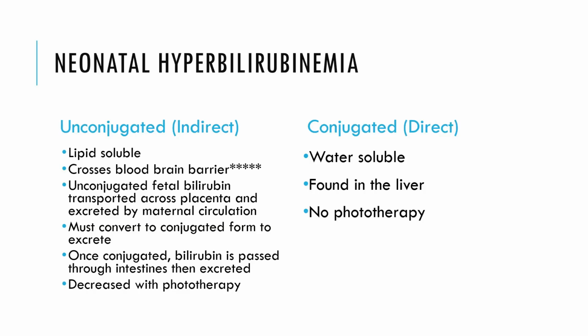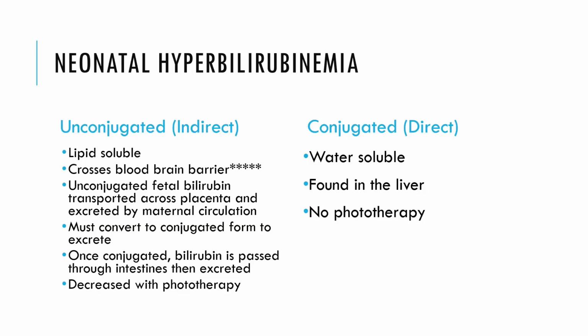When we check labs, we will often check a direct bilirubin level as opposed to a conjugated bilirubin level. It's the same thing. We're just using one term versus the other. So I'll try to stick to unconjugated and conjugated just to help with the differentiation during this presentation.